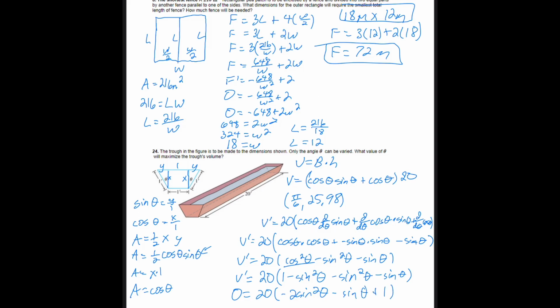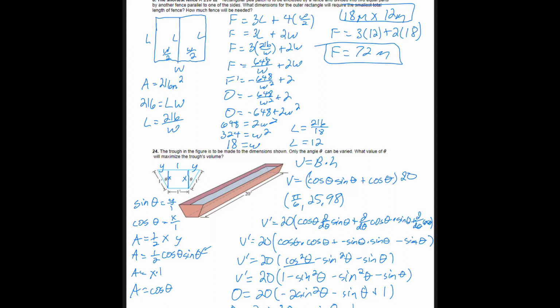So set it equal to 0. Combine like terms over here, we get negative 2 sine squared theta minus sine theta plus 1. We can divide by a negative 20 on both sides, and we'll get 0 equals 2 sine squared theta plus sine theta minus 1.